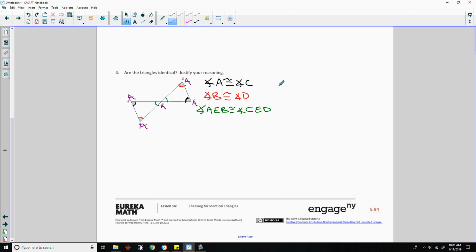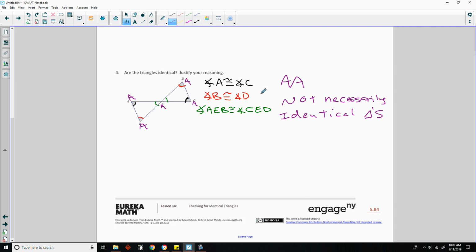So even though we have the angle theorem, two angles, and actually it's a third angle as well, we would say not necessarily identical triangles.